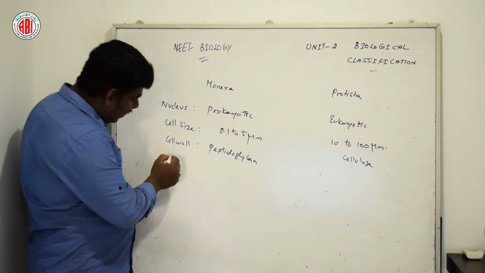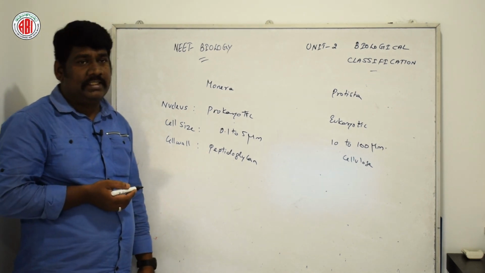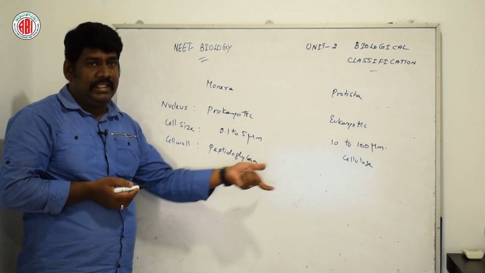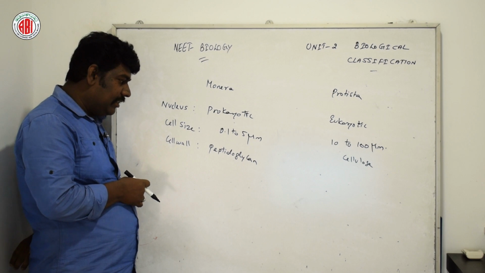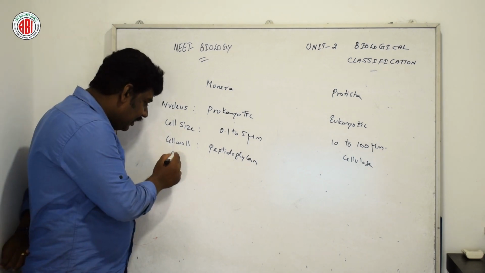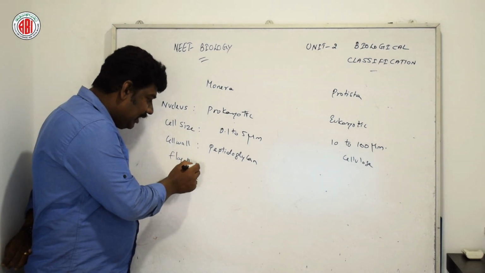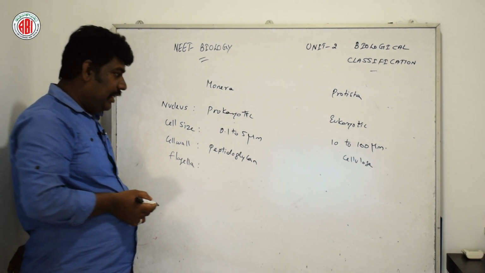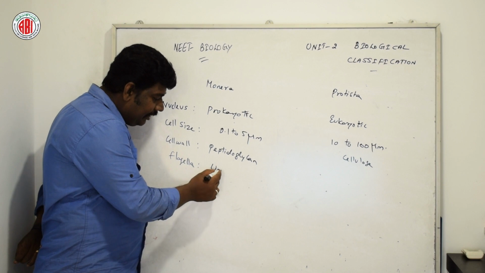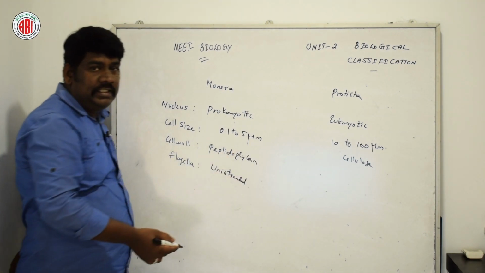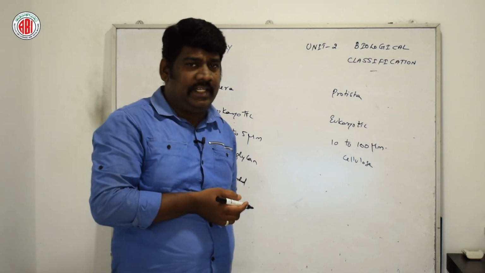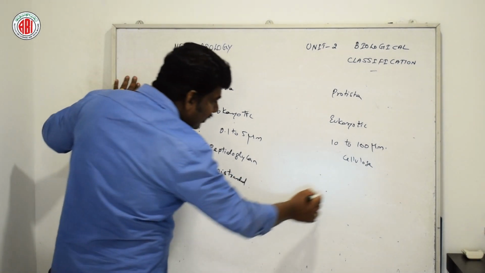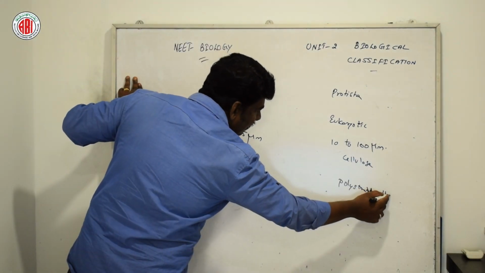Then talking about external apparatus, for example flagella. Flagella are usually absent here, but in some cases flagella can be seen, and if flagella are there, they are unistranded, whereas in Protista they are multistranded or polystranded, that is 11-stranded.